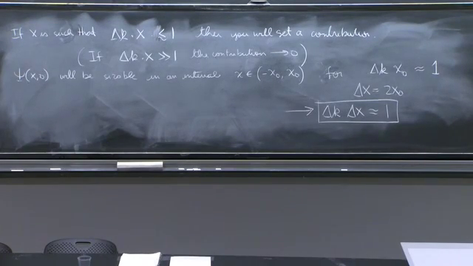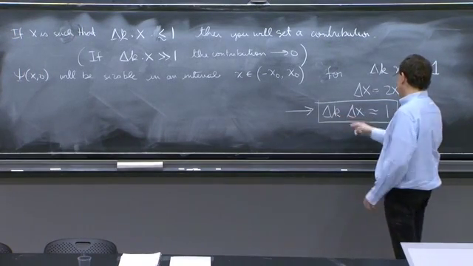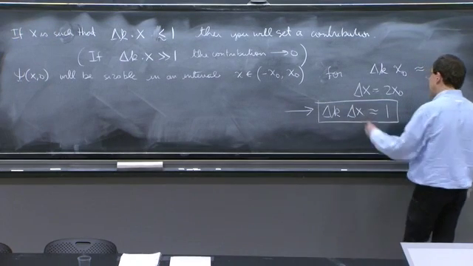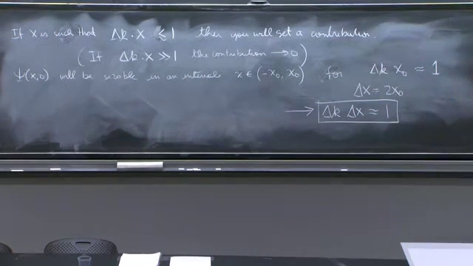But we got to the end of this argument. We have a relation of uncertainties equal to 1. And the thing that comes to mind immediately is, why didn't Fourier invent the uncertainty principle? Where did we use quantum mechanics here?